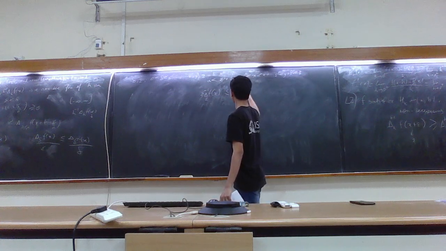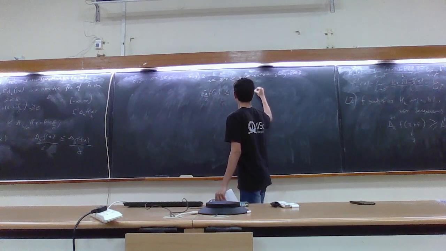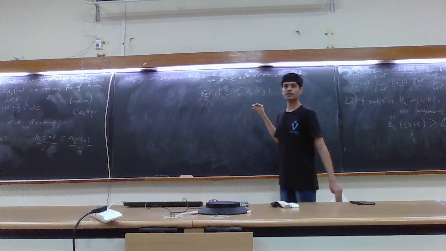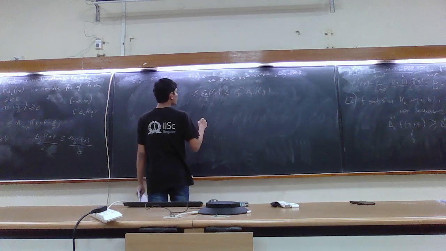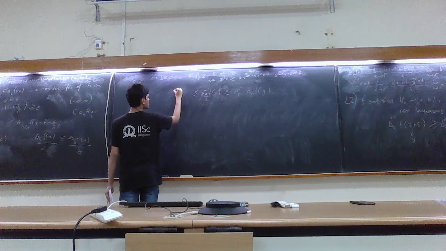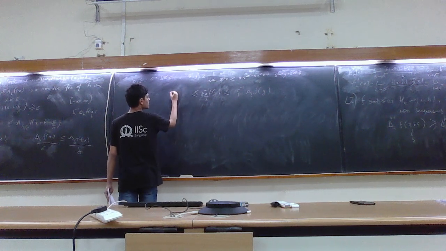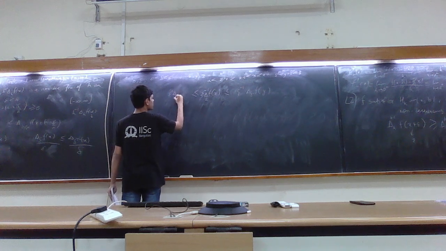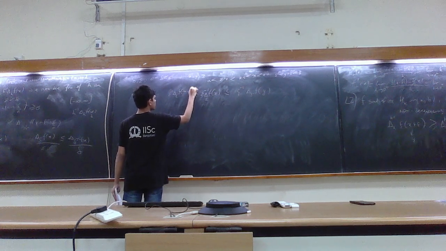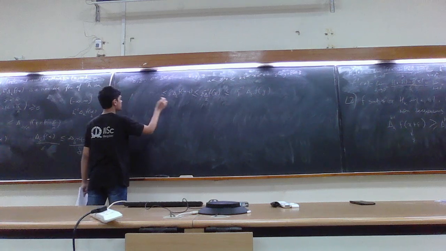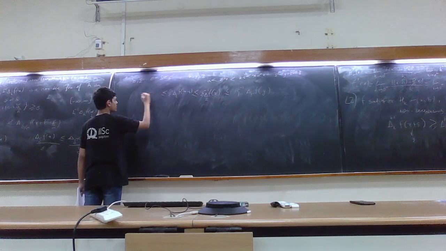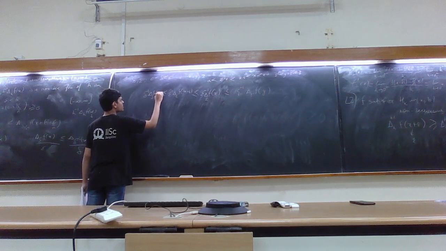So we have that this is less than or equal to f of y, and epsilon inverse delta epsilon f of x minus epsilon, because again it's non-decreasing in the x variable.